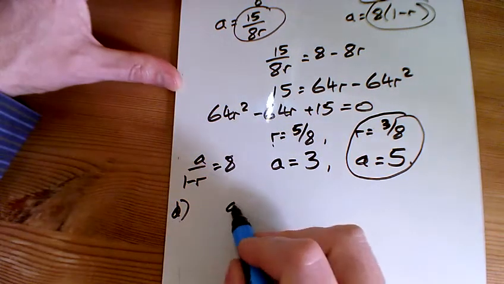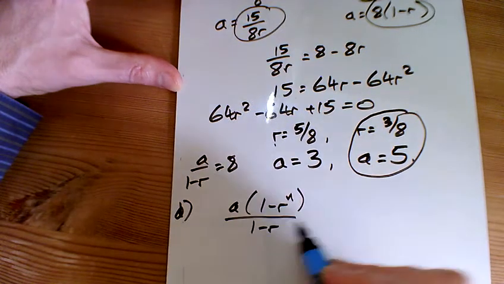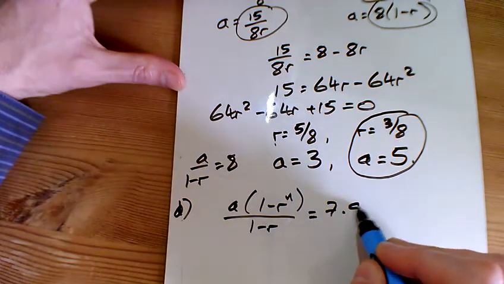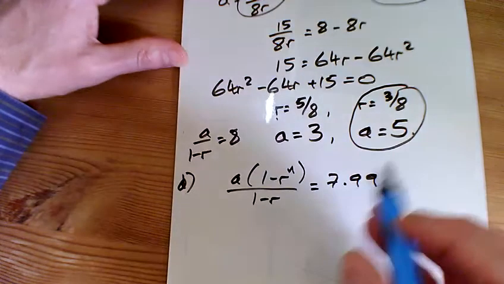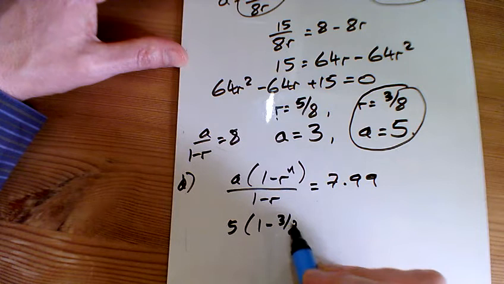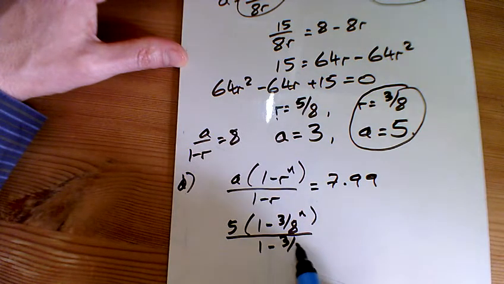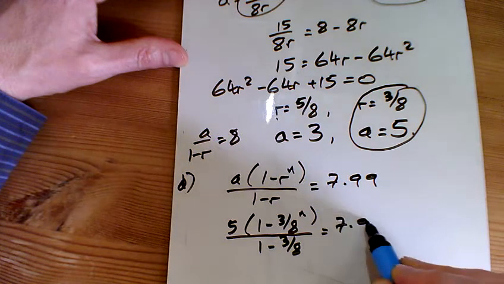So usual formula, A over 1 minus R to the n, all over 1 minus R. I'm going to make this equal 7.99. So A is 5, 1 minus 3/8 to the n, all over 1 minus 3/8 equals 7.99.